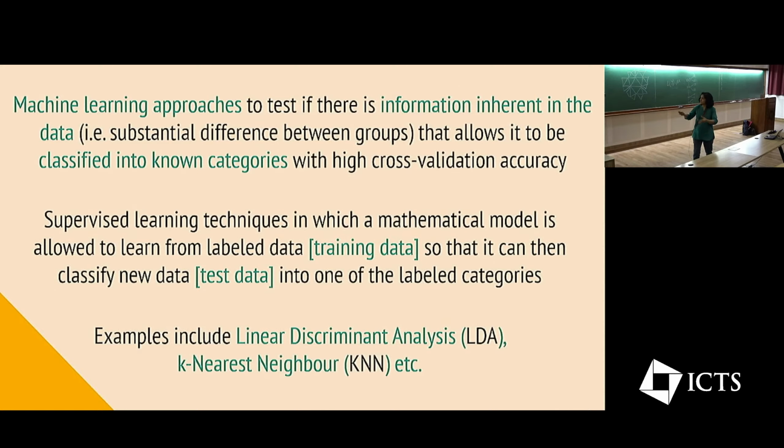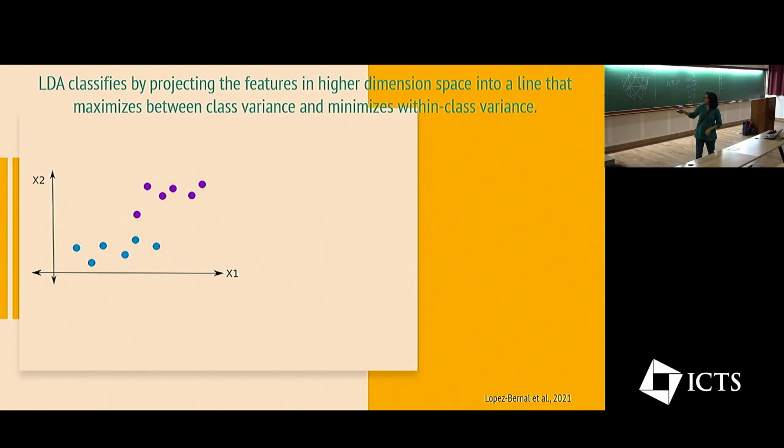There are multiple ways of classifying. We used something called linear discriminant analysis, which is a very simple classification algorithm. We also used KNN, the K-nearest neighbor algorithm. Later in the talk, if we have time, we'll get into that. But in general, what is LDA, or linear discriminant analysis, doing?